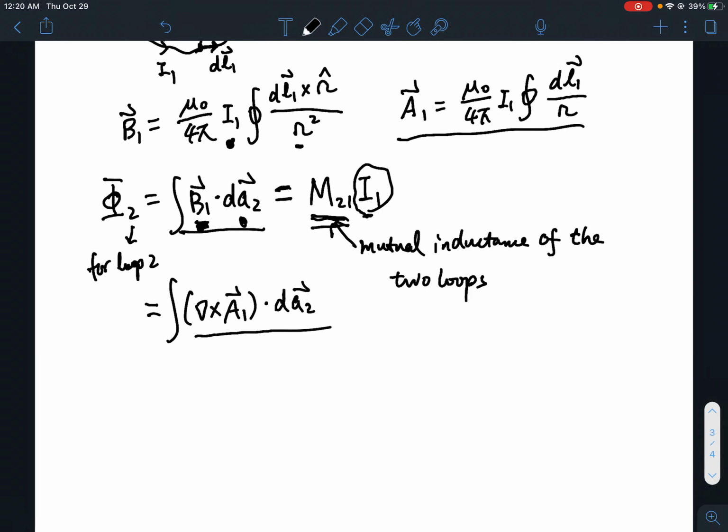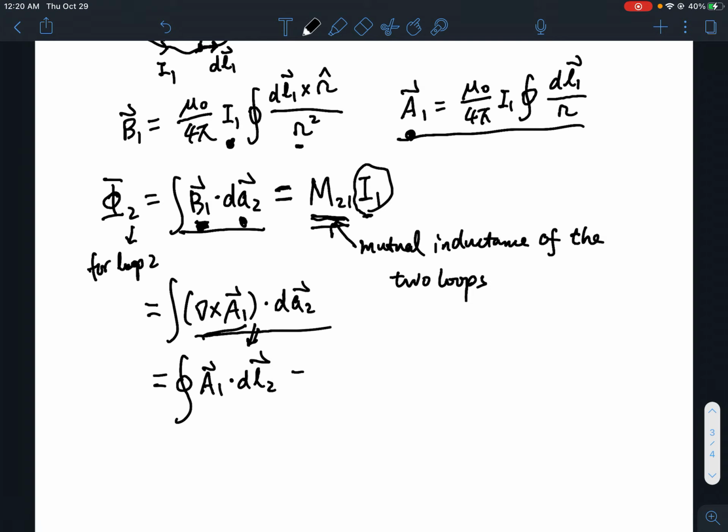Once we do this, we can use the Stokes theorem to convert the surface integral to a line integral. The first step is just the definition of the vector potential, and from here to here we used the Stokes theorem.